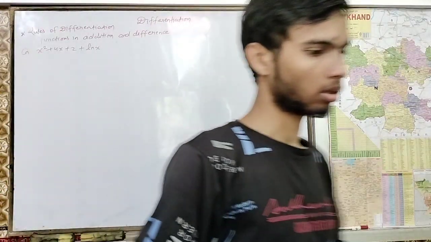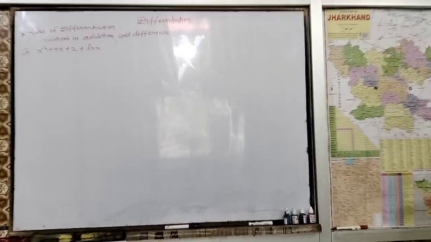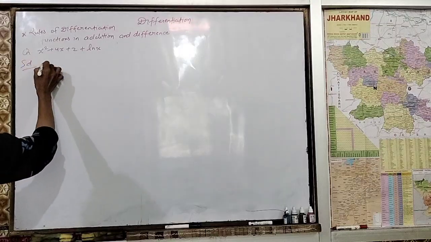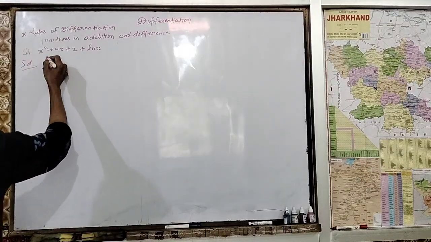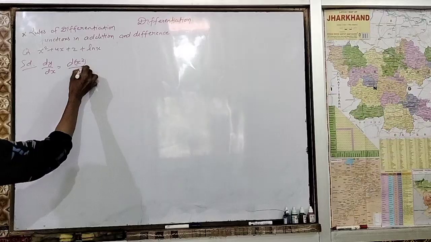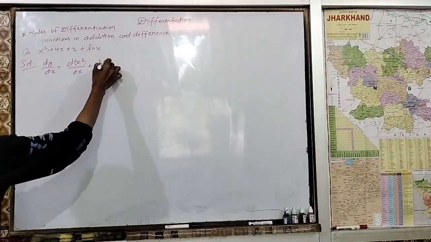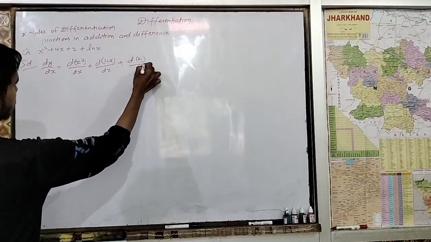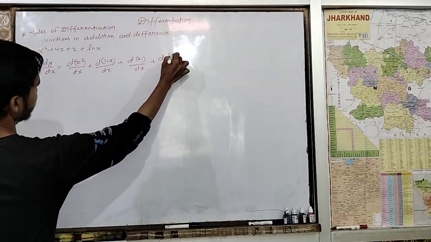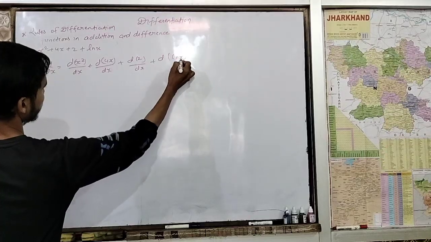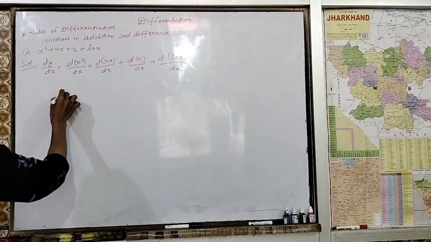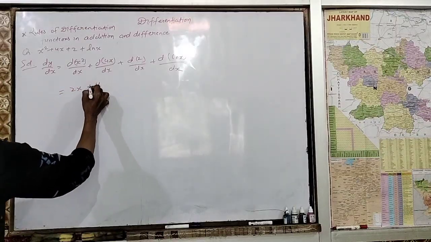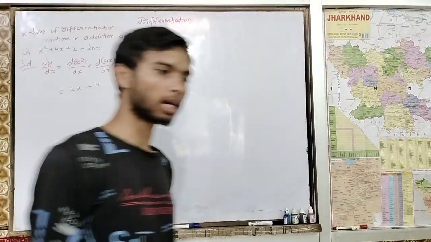In this question we have four terms. Differentiation of this x square, then differentiation of 4x, then differentiation of 2, then differentiation of ln x. It will give you 2x, it will give you 4, because differentiation of x is always 1.